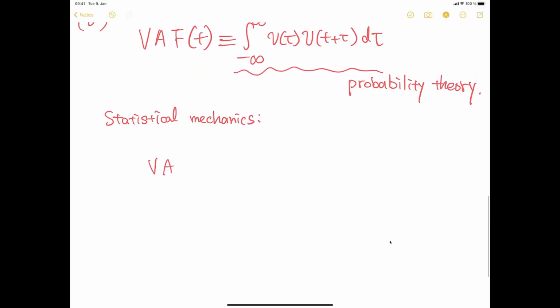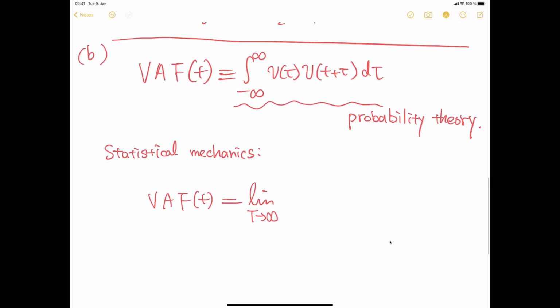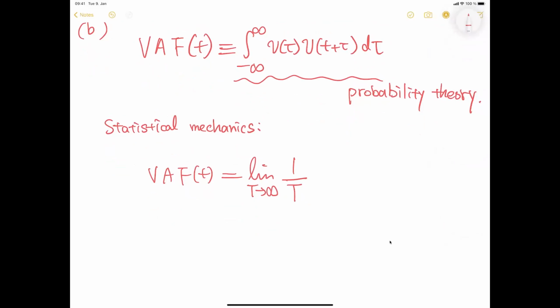The velocity autocorrelation function is given by the limit of t approaching plus infinity. It is actually the time average of this integral.